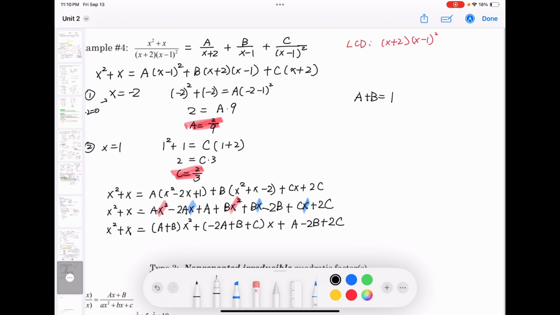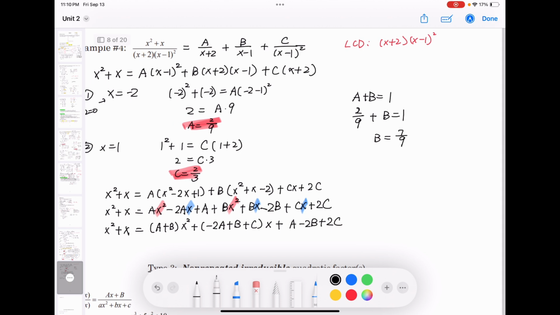a is given as 2 over 9. So 2 over 9 plus b is equal to 1. Subtract 2 over 9 from both sides. b is equal to 7 over 9. So we put a, b, c into the equation.